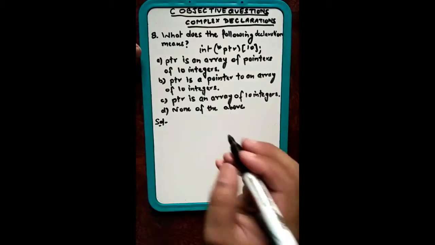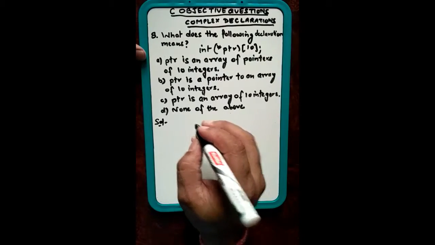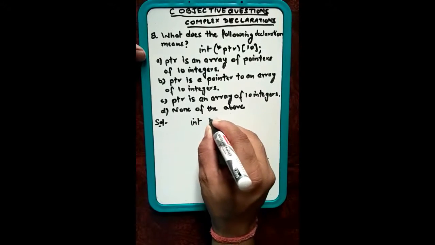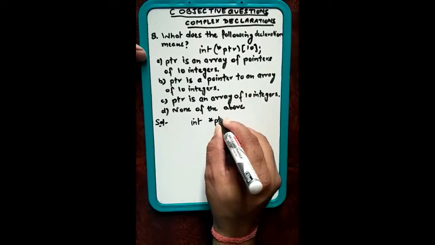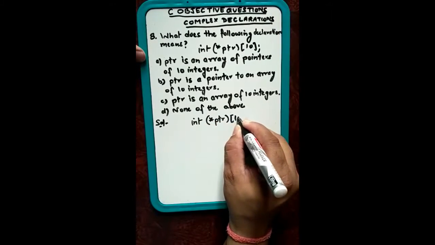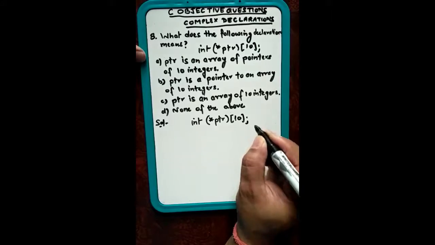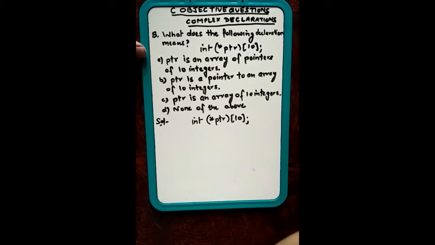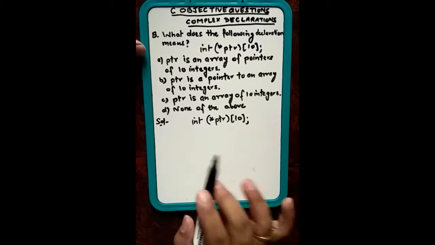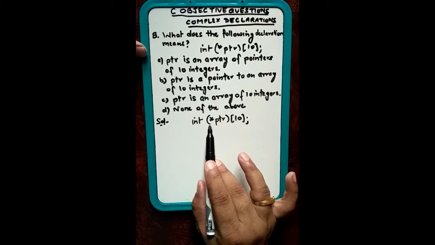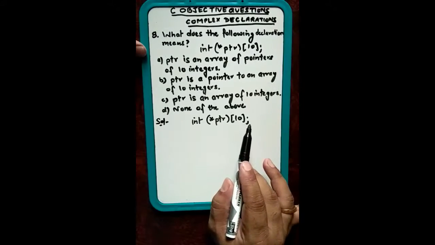The declaration given here is int *ptr[10]. Here, int is simply a data type, that is, integer type values, and then you have written the parenthesis and then a square bracket.